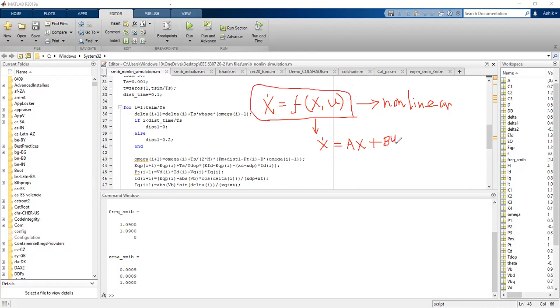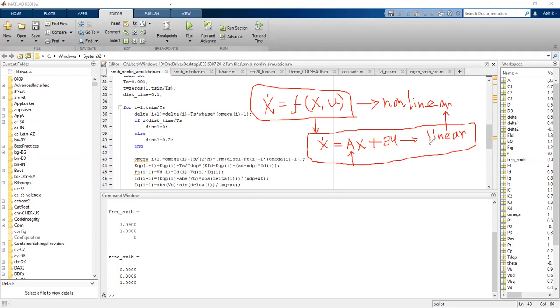And we have seen that we can analyze the eigenvalues of A, get the frequency information, the damping ratio information, and the dominant eigenvalue information. But the main thing that is not answered yet is the linearization we have done around a certain operating point. The next question is whether this linear model provides a similar or identical response to the nonlinear model or not.